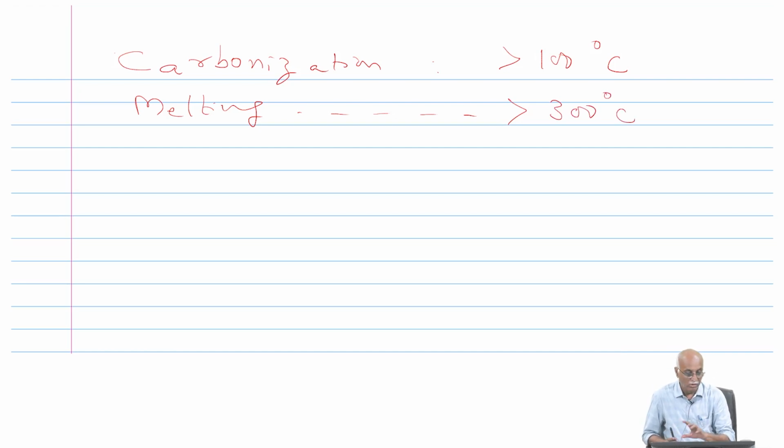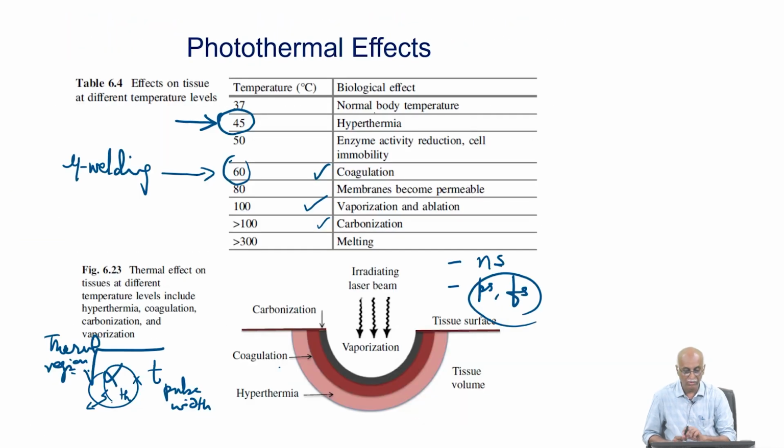Now this whole process, if we try to explain it, is like this. When the irradiating laser beam interacts with the tissue, some part of this light gets absorbed by the tissue, and that absorption results in a thermal effect.